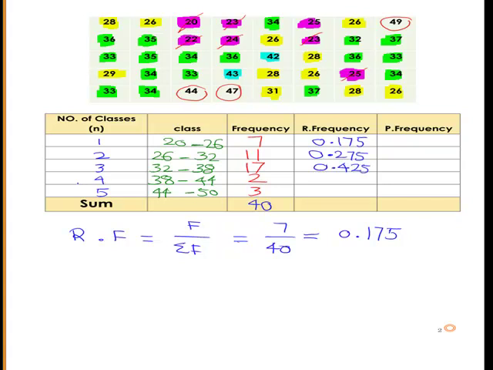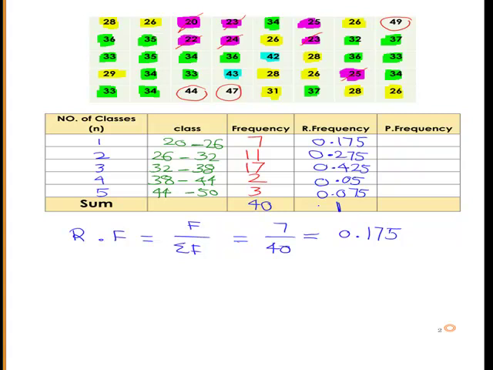For class number 4, 2 divided by 40 will give you 0.05. And for class number 5, which is the last class, I have 3 frequencies here. So 3 divided by 40 will be equal to 0.075. And be sure the summation of all the relative frequencies will give you 1. Because if you divide 40 by 40, it will give you 1.